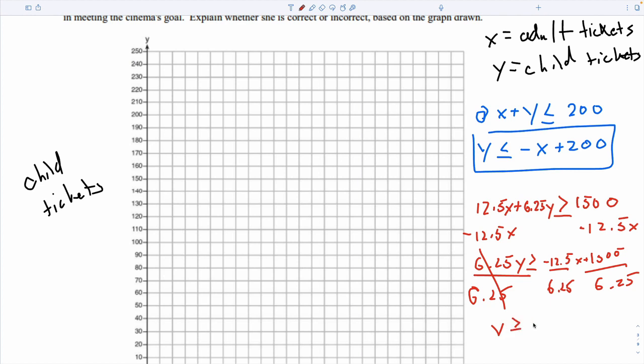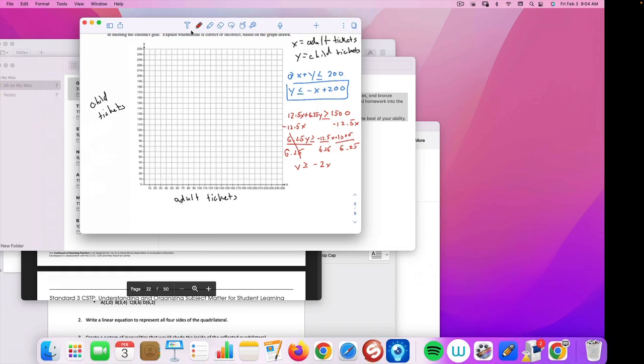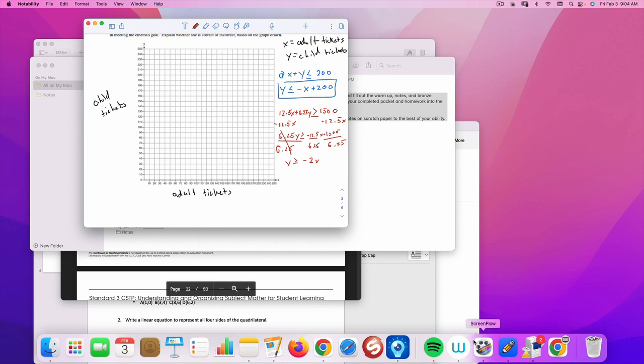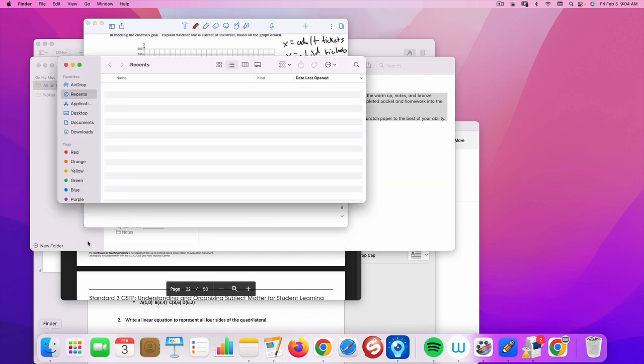12.5 divided by 6.25 is 2. Negative 2x. 1500 divided by 6.25 is, anyone have a calculator? I think it's a whole number.